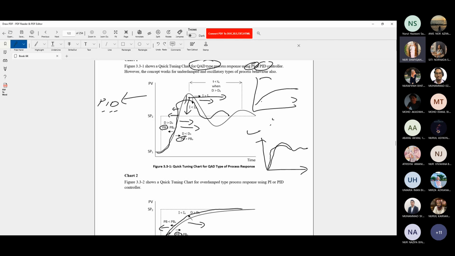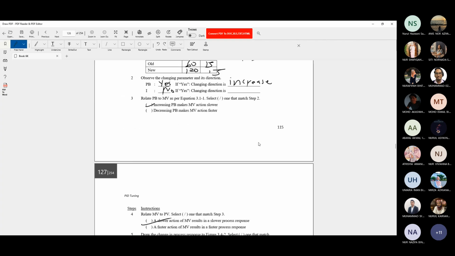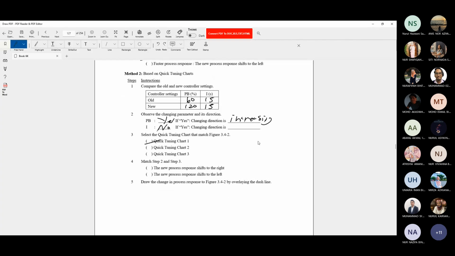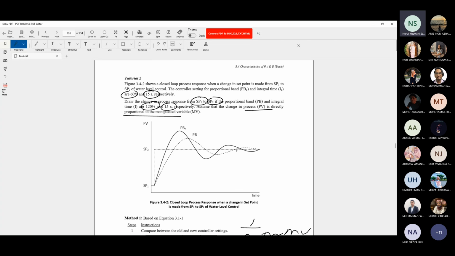Shift to the right. Yes, shift to the right. So inilah shift to the right. So you need to draw. So you draw lah response yang shift to the right, which is this one. Simple kan hari ni punya lesson.